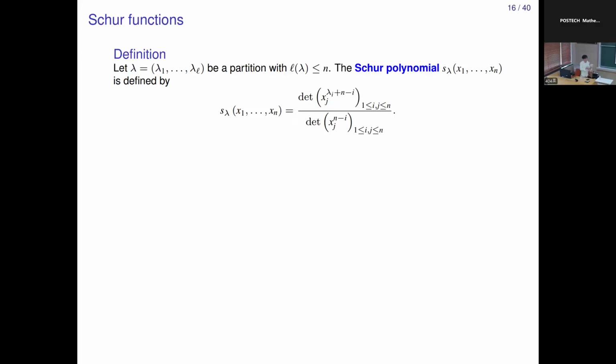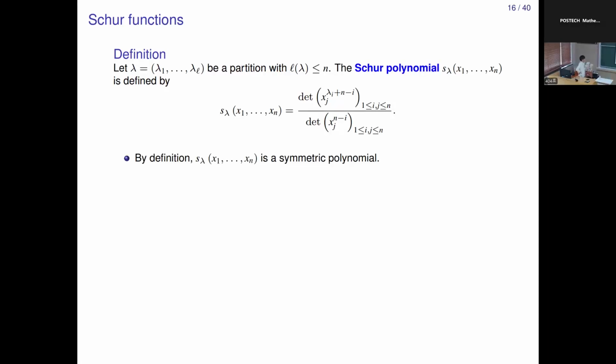Because if you permute, for instance, 2 variables, xi and xj, this means you switch column i and column j, so the determinant will be minus of that one. And again here, if you switch xi and xj, we still have a minus sign here. Those will be cancelled, so the whole thing is going to be invariant. So it is a symmetric function, a symmetric polynomial.